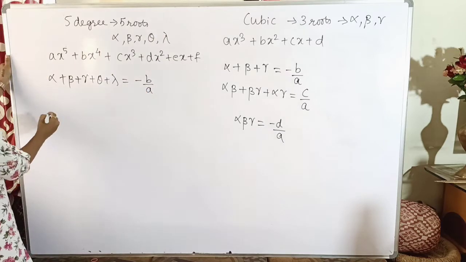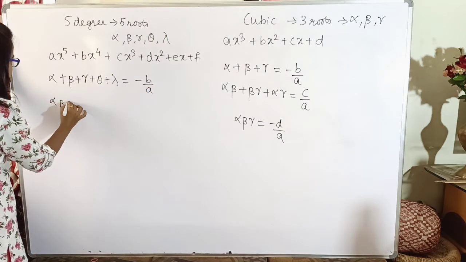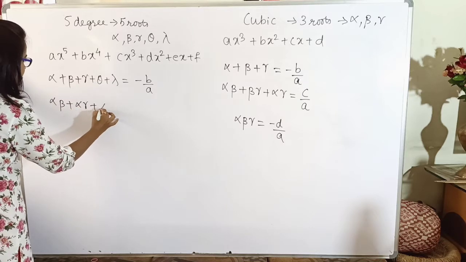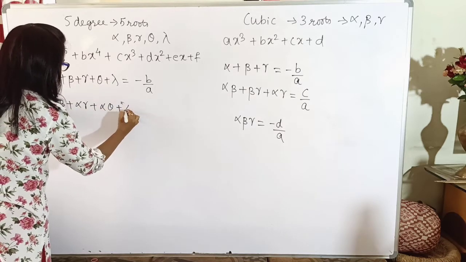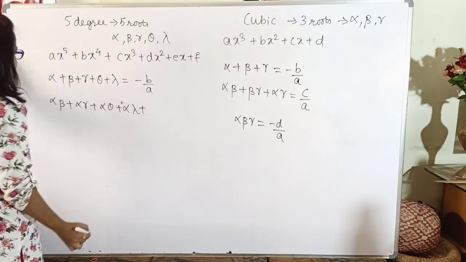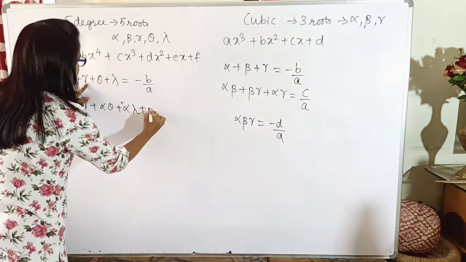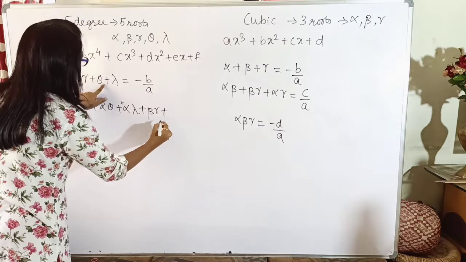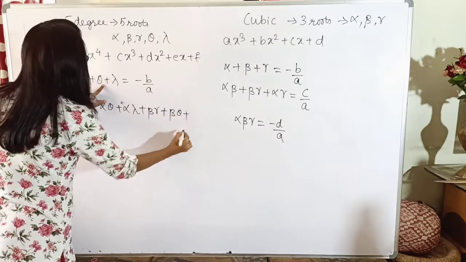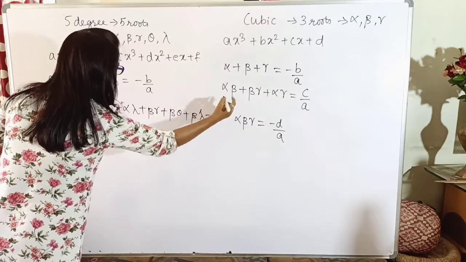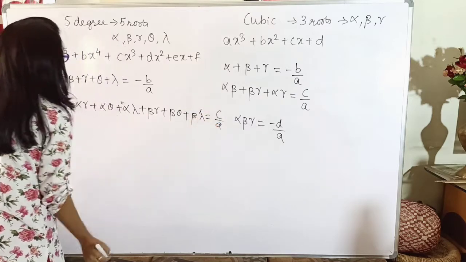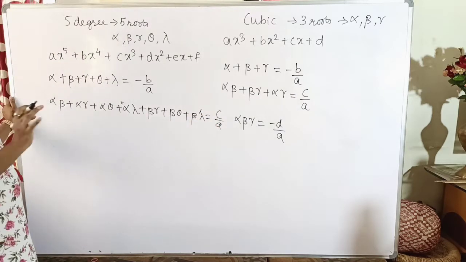Second one, considering 2 roots at a time. So alpha beta, alpha gamma, alpha theta and alpha lambda, plus beta gamma plus beta theta and so on, which is equal to c by a. In the third case, you have to consider 3 roots at a time.